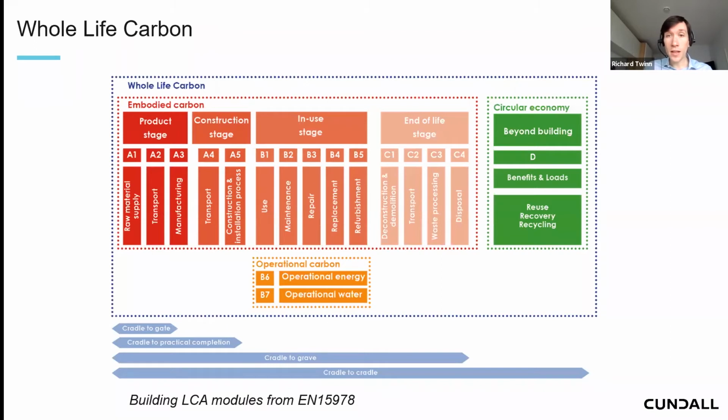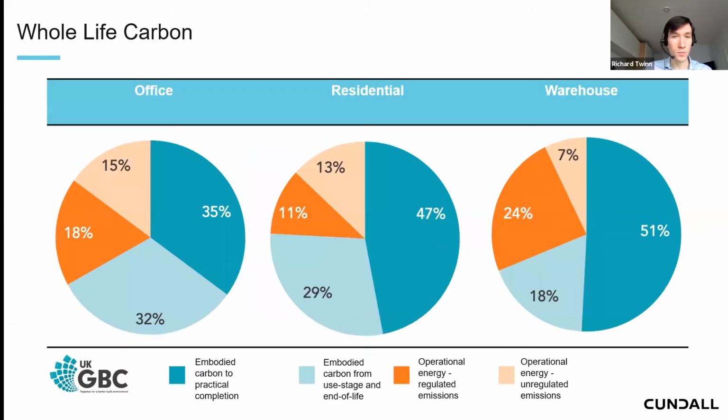And of course, there are end-of-life impacts as well, which is module C over to the right here. That includes things like demolition, waste disposal. And then beyond the building life cycle, there are also benefits that are taken account of. So reusing materials at the end of a building's life can potentially provide carbon savings as well.